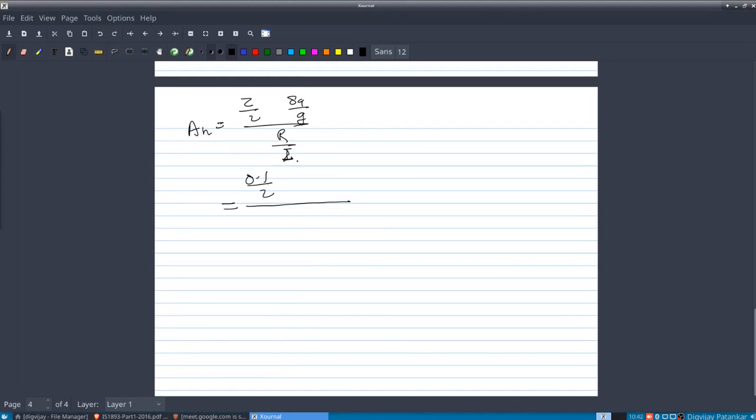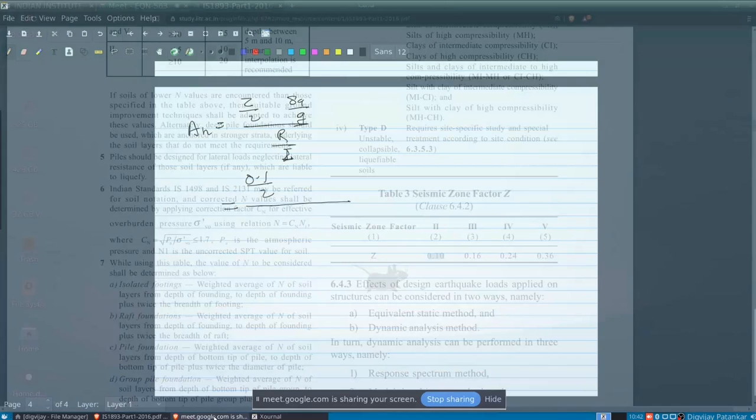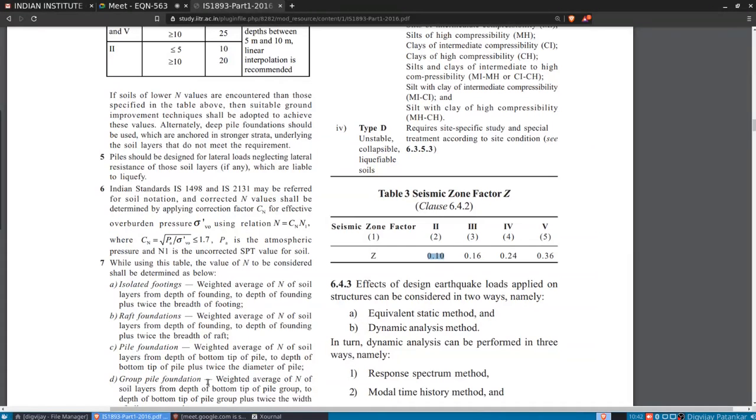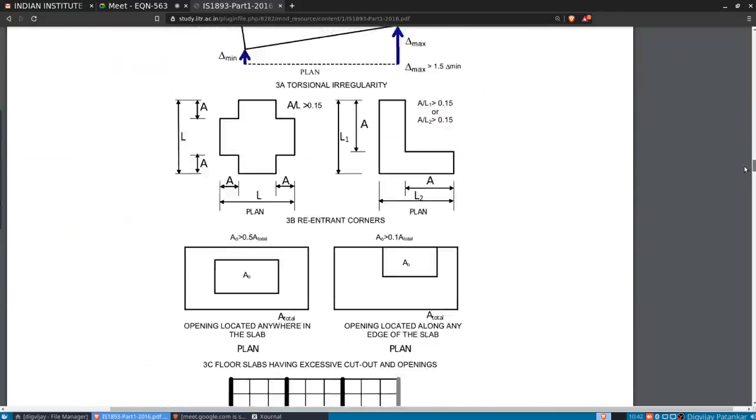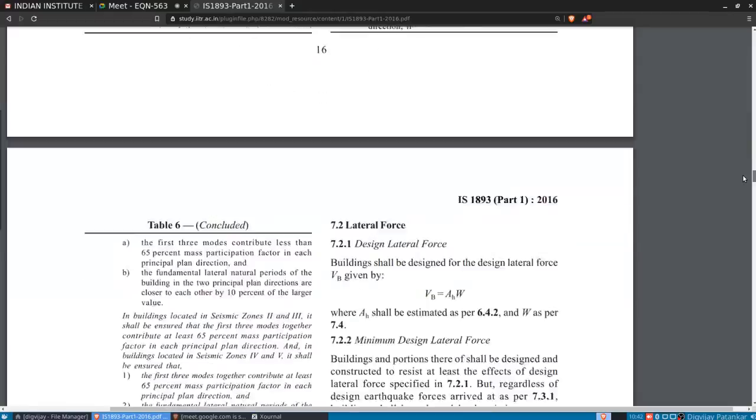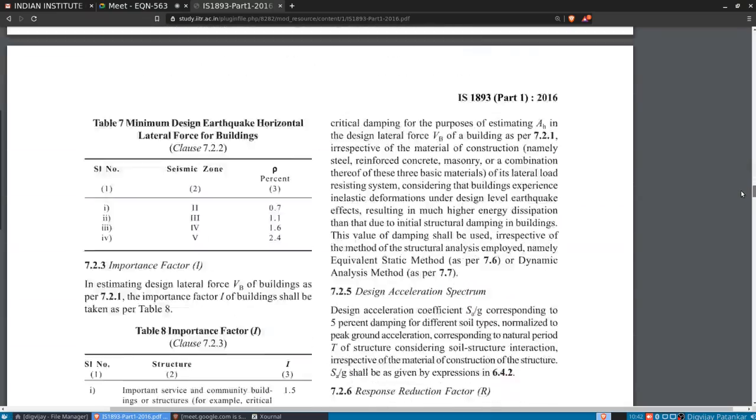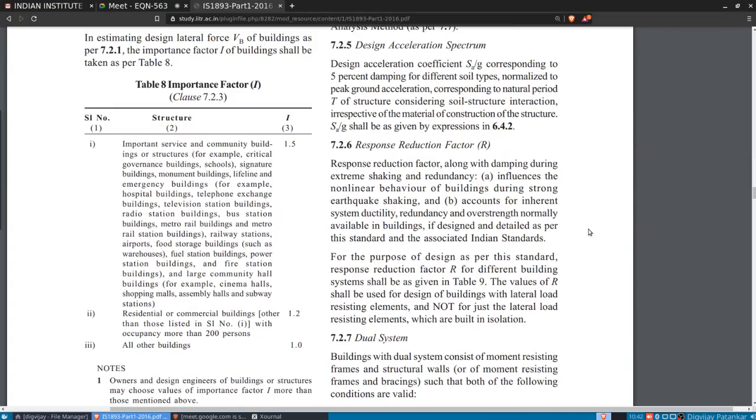Then R by I. So let us first look at I, importance factor, that is somewhere here. What should be the importance factor? It's a simple residential apartment.